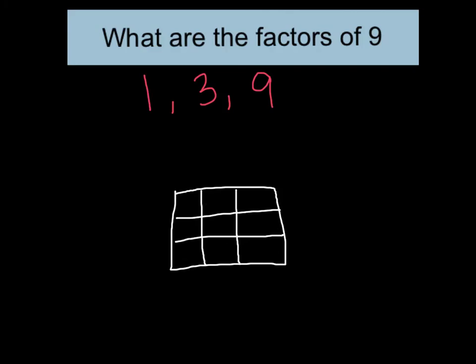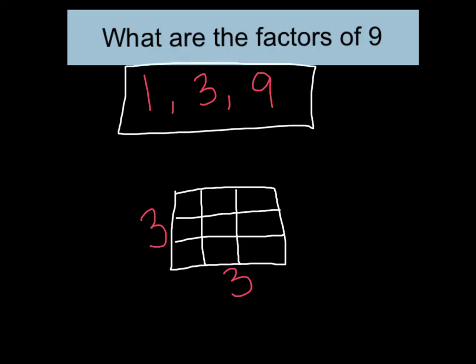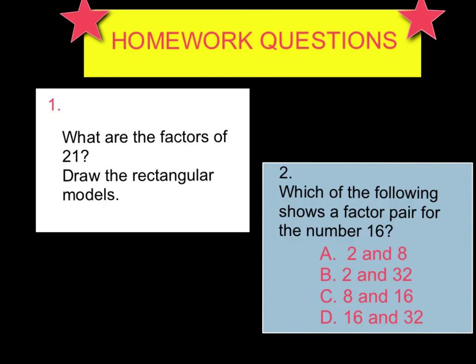That is showing me 3 rows of 3. Now because I know my multiplication facts really well, I know that there's nothing else that I can multiply together to get 9. So I know that I'm pretty much done. These are my factors of 9. 1, 3, and 9.